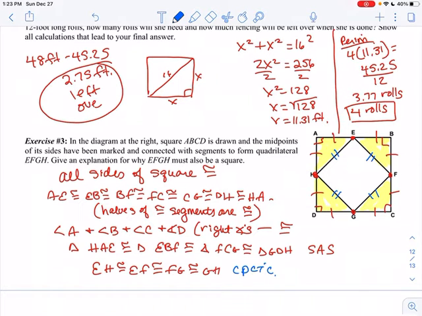And each angle of EFGH also measures 90, okay? So each of these also have to be right angles, and therefore that is a square.